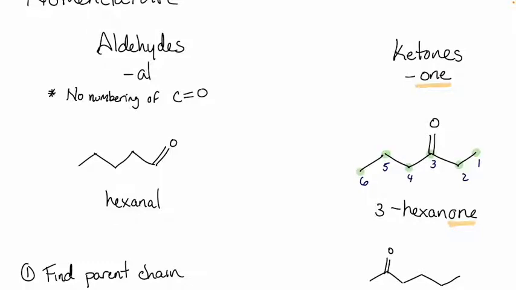Importantly though, this carbon here is always carbon 1. That's why we don't bother numbering it, because we already know that carbonyl carbon is carbon 1, but that's going to be important if there's another substituent in the molecule. We need to make sure that we put that carbon as carbon 1.